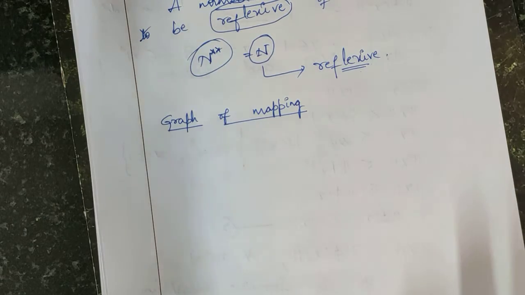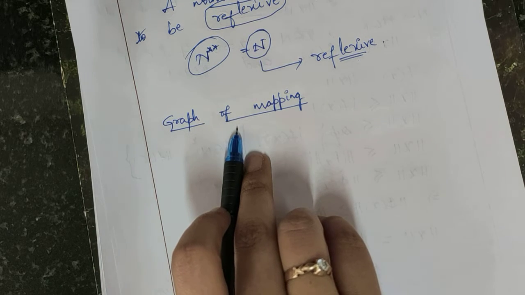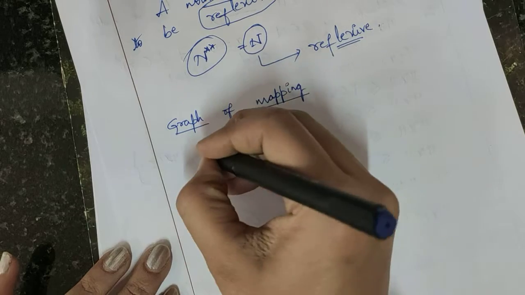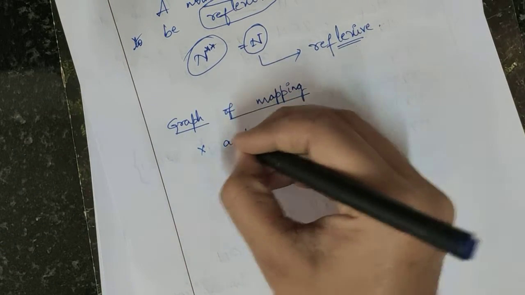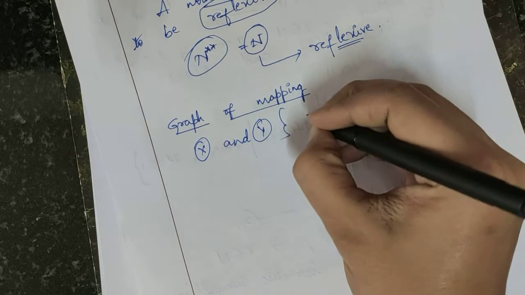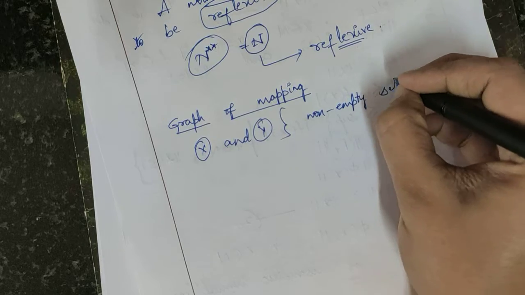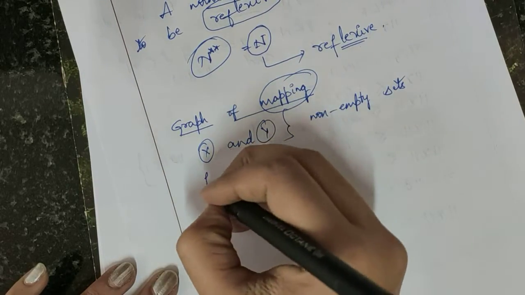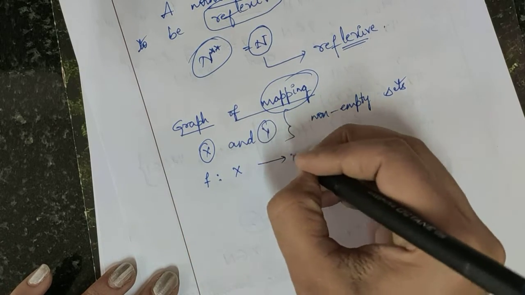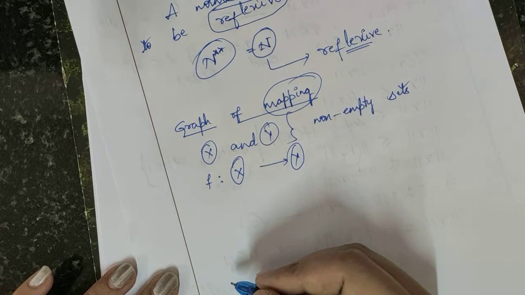The next important definition is the graph of a mapping. We can define the graph of a mapping by considering two non-empty sets, say X and Y. Since it is a mapping, I will define a mapping f from X to Y, where X is the domain and Y is the range.